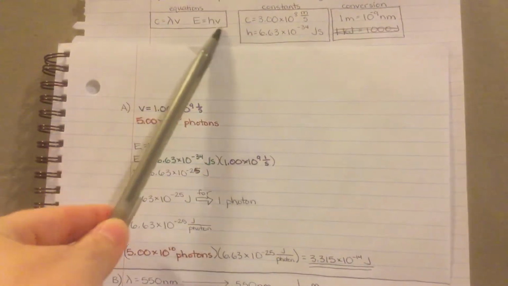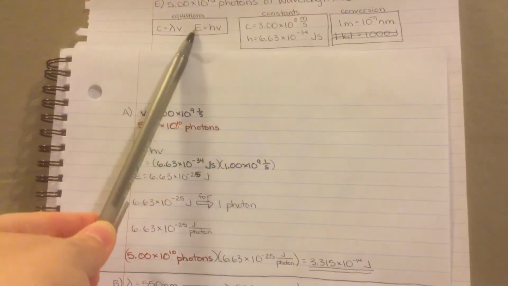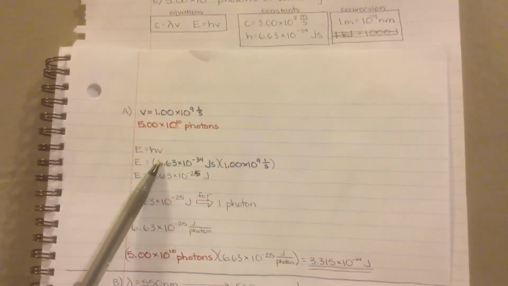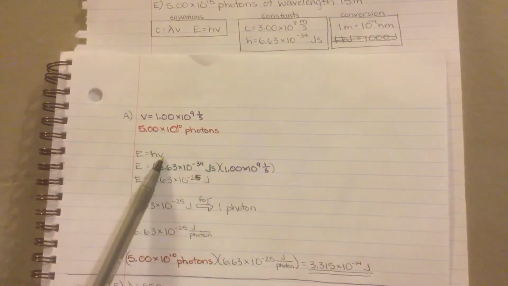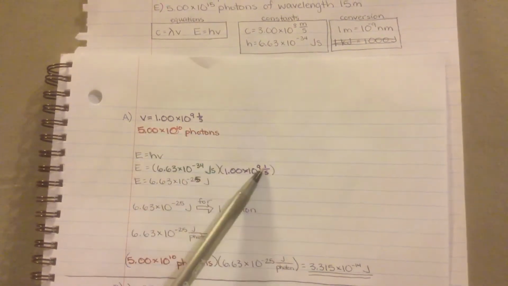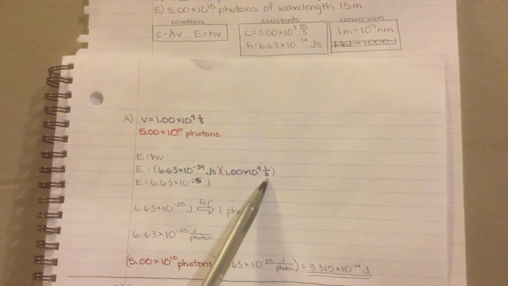So since we have our frequency and H is a constant, we can calculate energy. So we're going to use E equals HV. So H is our Planck's constant, and then V is our frequency. Frequency is always in 1/seconds, which is also hertz.